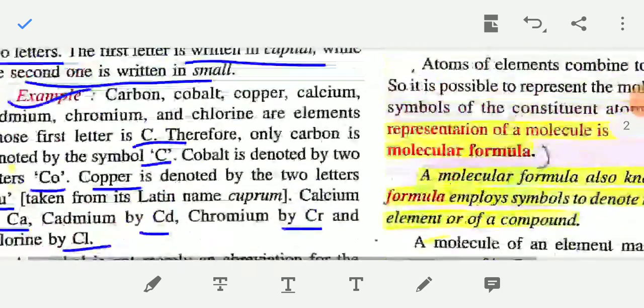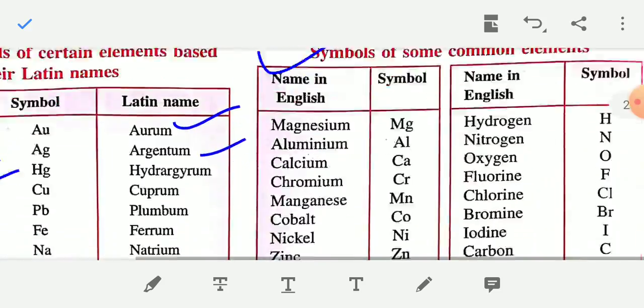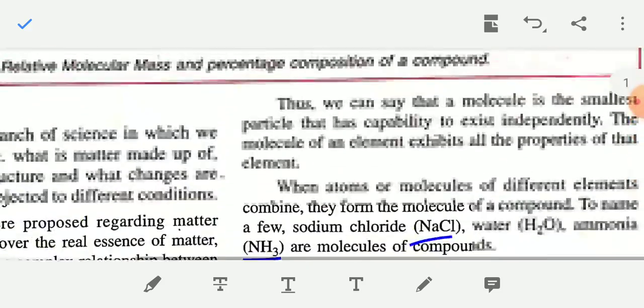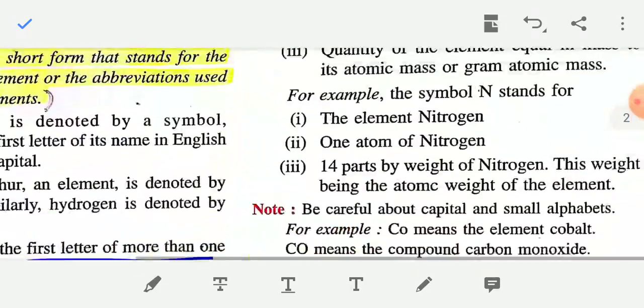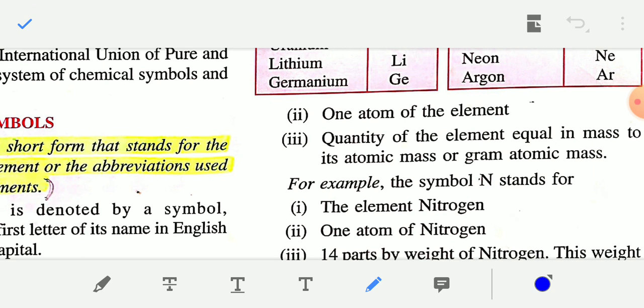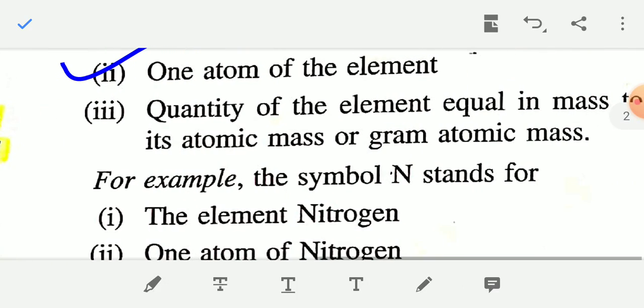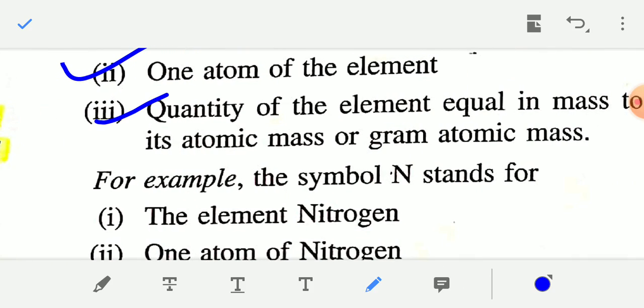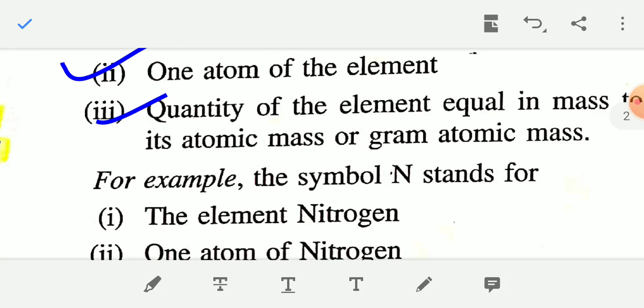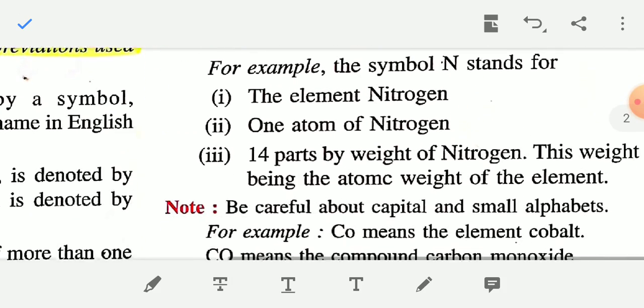Second, it represents one atom of the element. And third, it represents a quantity of the element equal in mass to its atomic mass, or gram atomic mass. These are some significances of symbols.